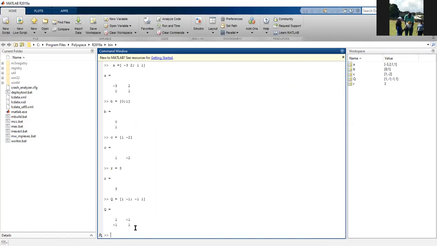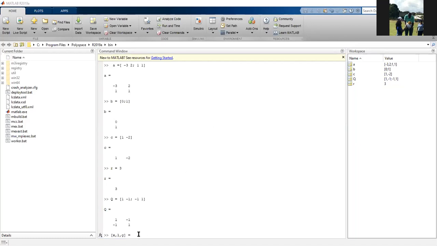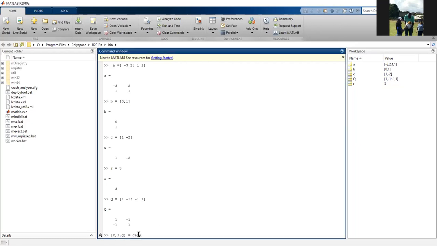So it's supposed to be XLG equal Q. Is it care or icare? Icare this time. No, care. We have to explain icare first of all.